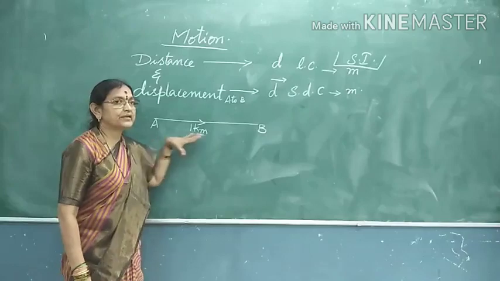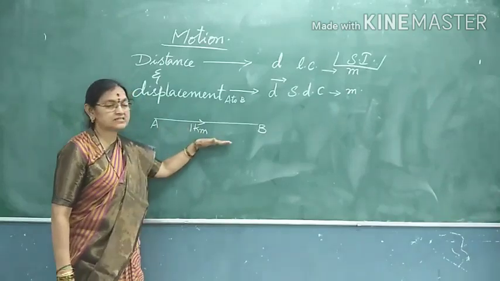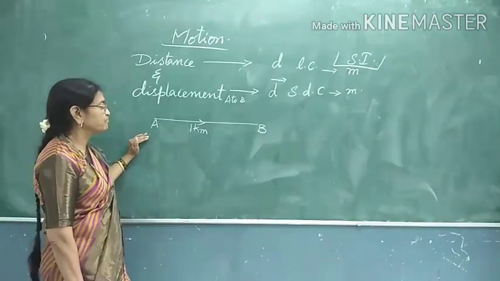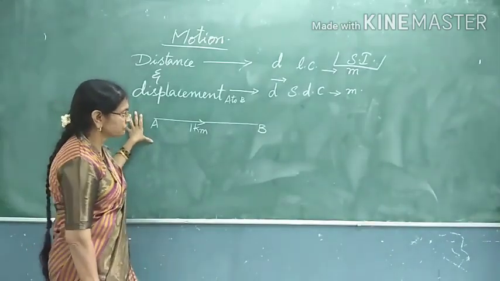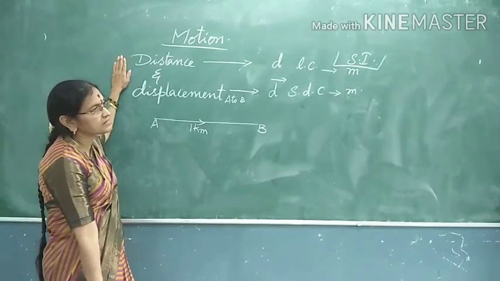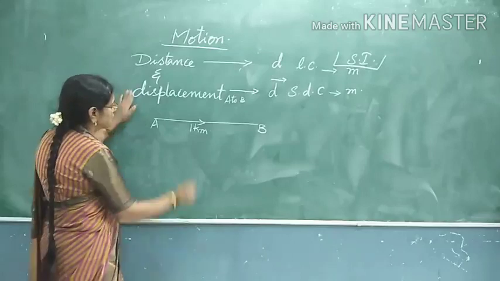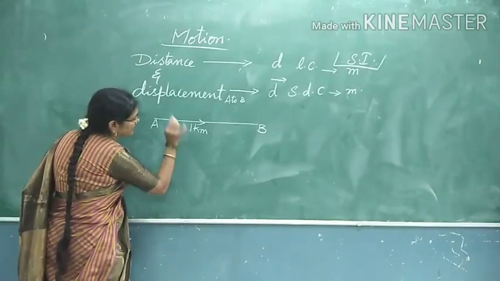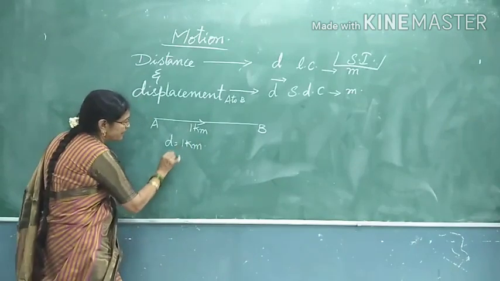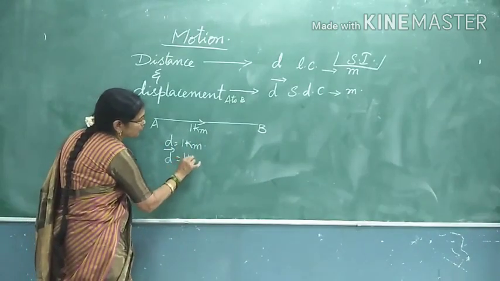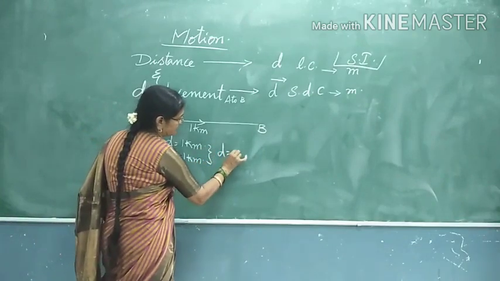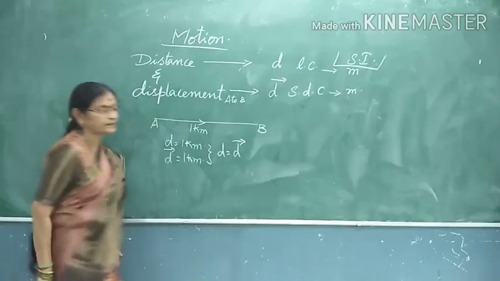In linear motion, the magnitude of the distance covered is equal to the displacement. So what is the distance covered here? Distance covered is 1 kilometer. Displacement also equals 1 kilometer. So in this case, distance is equal to displacement.